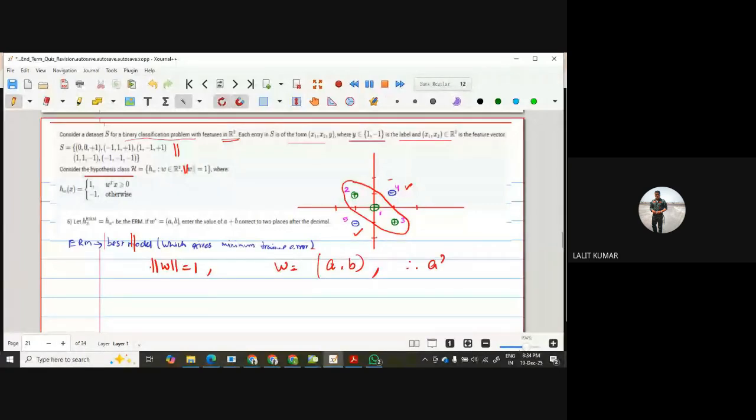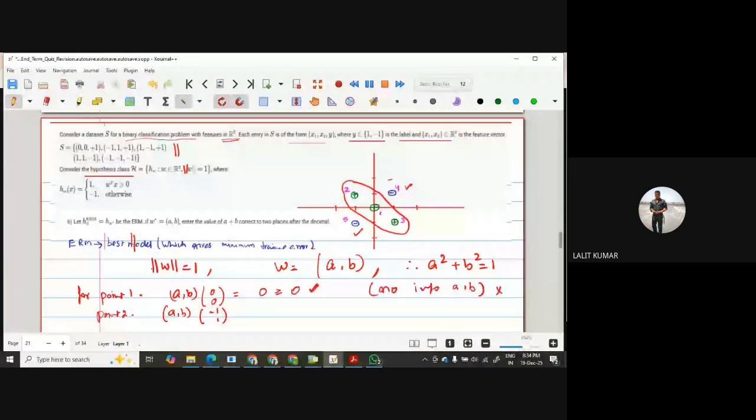And therefore, A square plus B square is equal to 1. Okay. Now for point 1, this will become (A, B) into (0, 0). This becomes 0 greater than or equal to 0. So from here, we are not getting any information, no info about A and B.